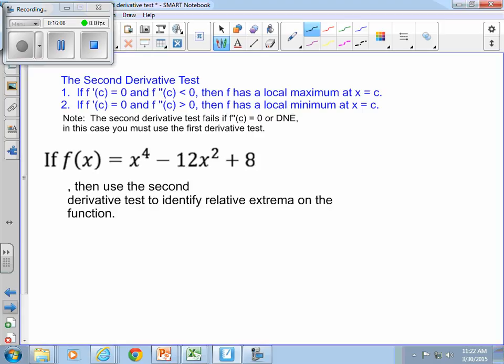If the first derivative equals 0, so we have a critical point, regular critical point. Remember, points of inflection aren't the same as critical points.